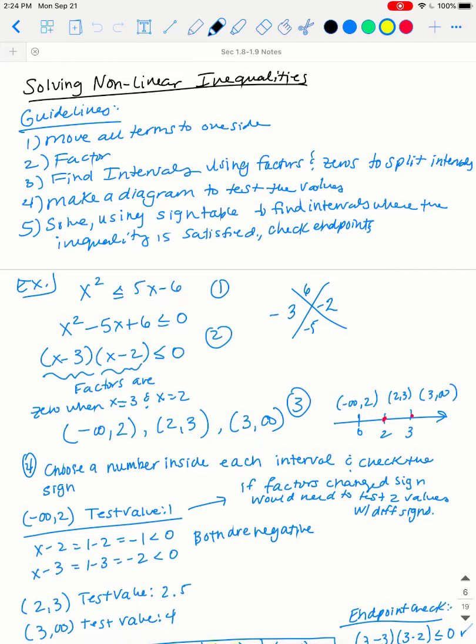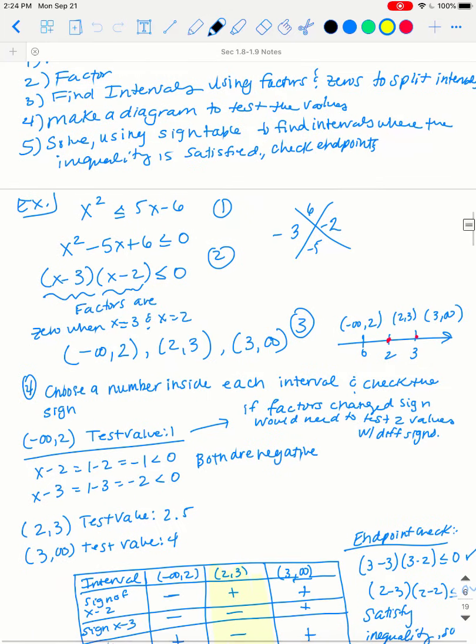So we're going to now split it up into intervals and use our zeros. Our different intervals are negative infinity to 2, because that's when it's 0, and then we have 2 to 3, and then 3 to infinity.